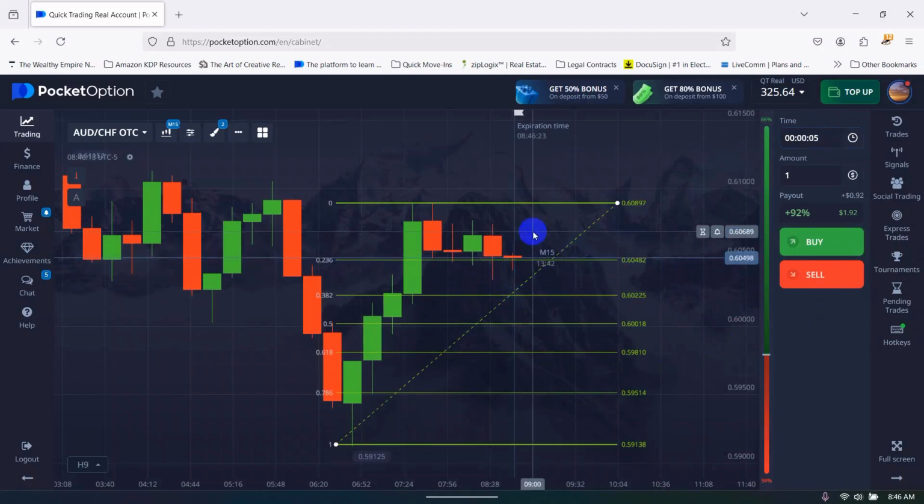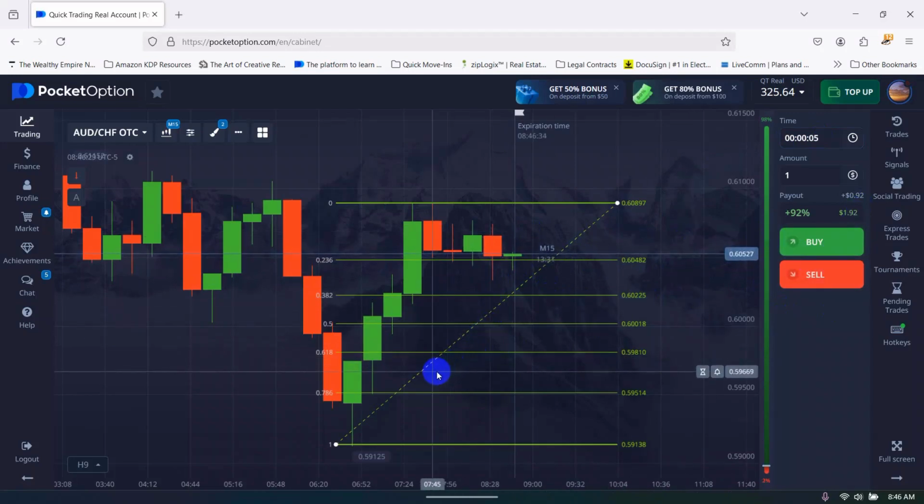And you see it's pushing back up. It tried to come down to this level, but it's not really liking that level that much. And see, it's pushing back into this candle right here.